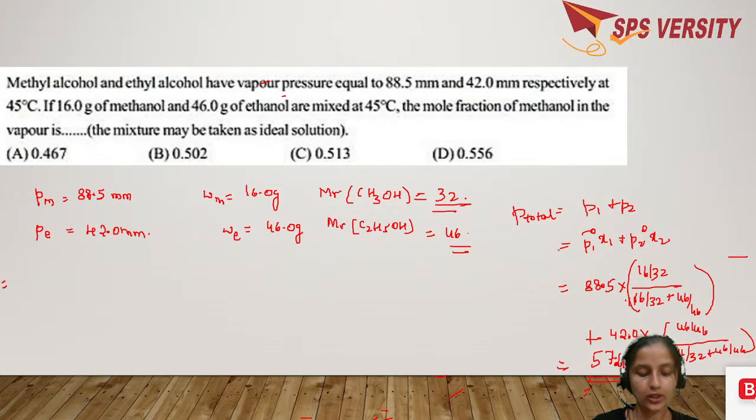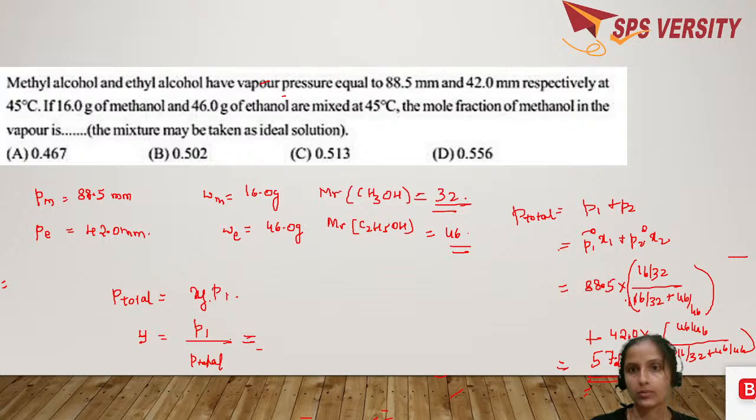Now, how are you going to find the mole fraction in the vapor phase? The mole fraction in the vapor phase is P1 divided by P total, that is X into P1 naught over P total. They have asked for the mole fraction of methanol in the vapor phase, so I can take it as Y also. What is P1?